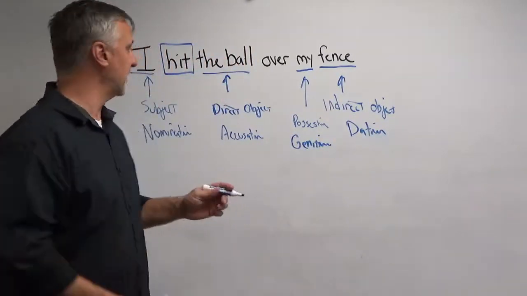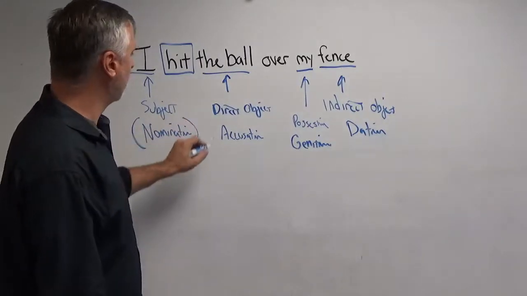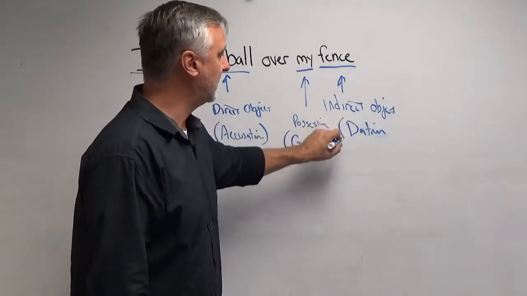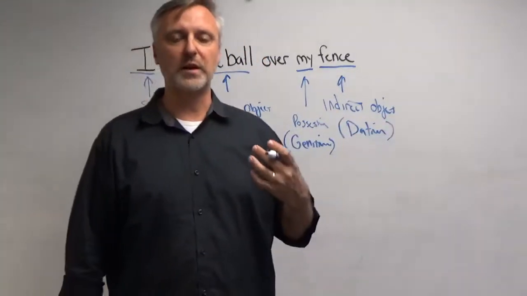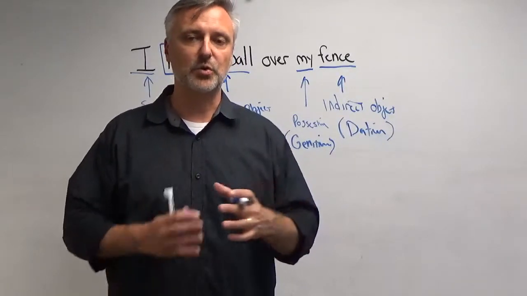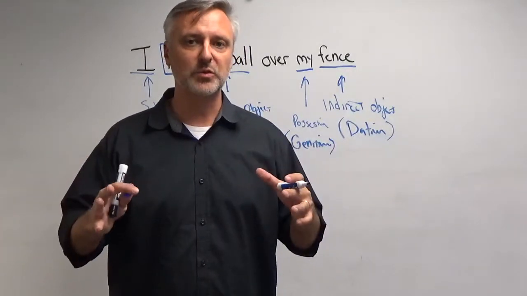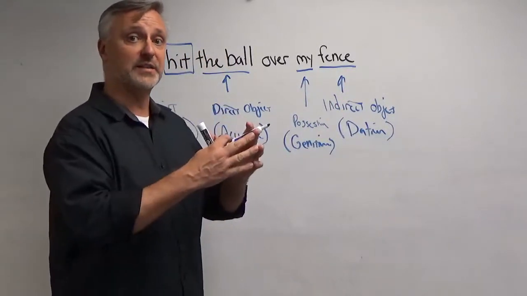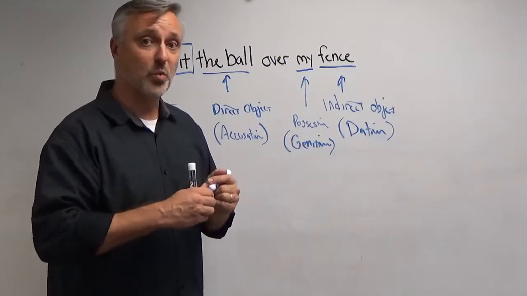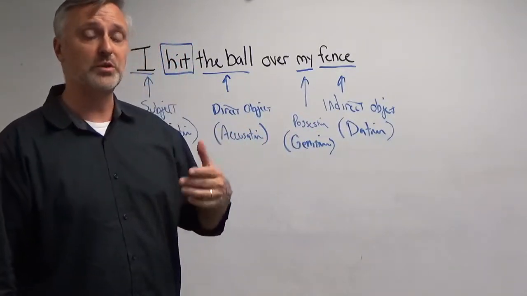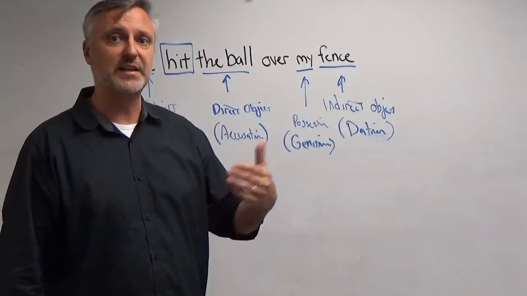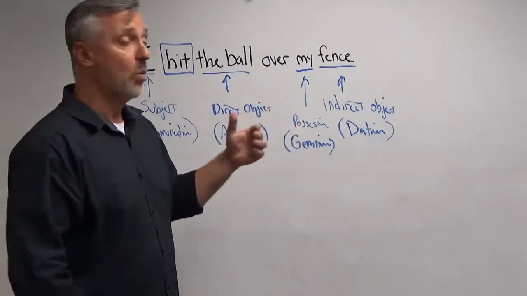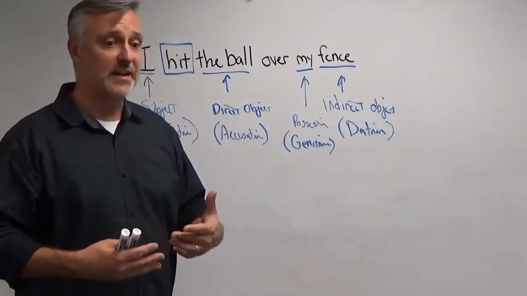So we've got nominative, accusative, genitive, and dative. Those are the 4 cases that we have in Greek. Nouns will appear in various cases. If you want to show how a word functions in a sentence, it doesn't depend on where you put it in the sentence. What it depends on is the ending of that particular word.